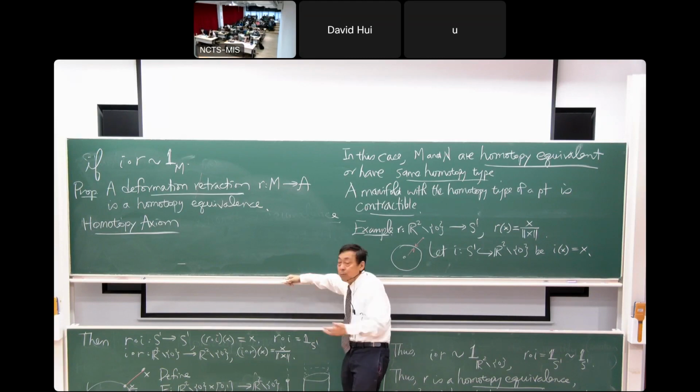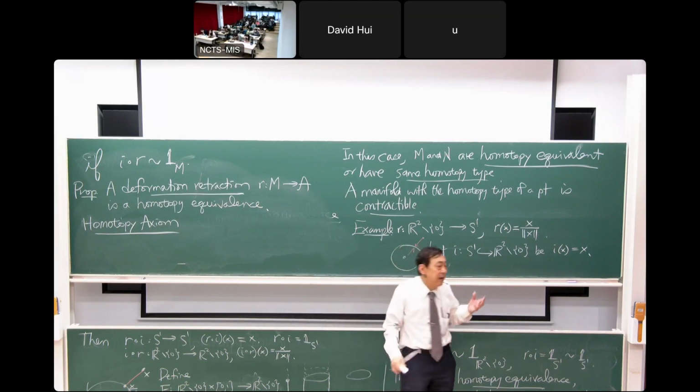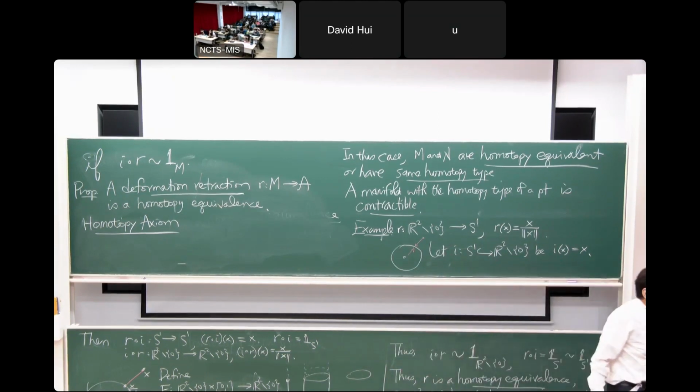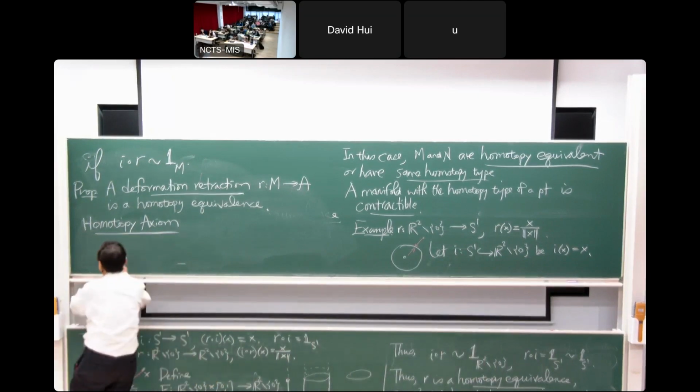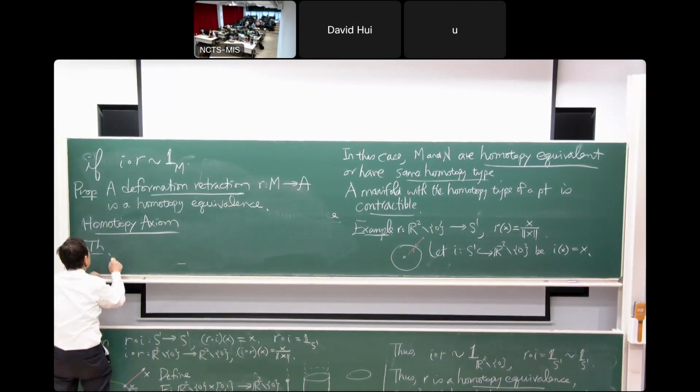And the homotopy axiom is one of the properties that a cohomology theory has to satisfy. So the homotopy axiom says very simply that homotopic maps induce the same map in cohomology.